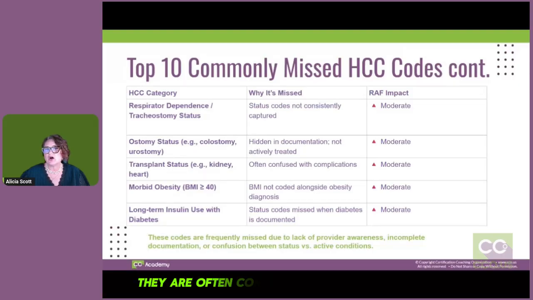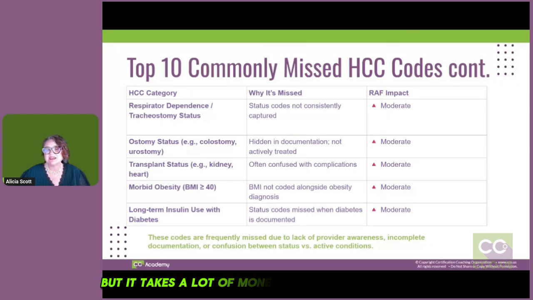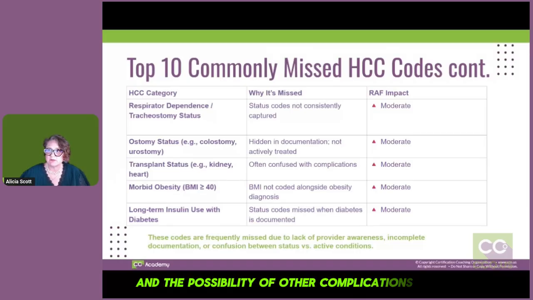They are often confused as complications, and that's not what they are. Transplant status means that you're on medication for the rest of your life. And so you may be healthy and doing well, but it takes a lot of money to care for a transplant patient because of the pharmacy aspect and the possibility of other complications.